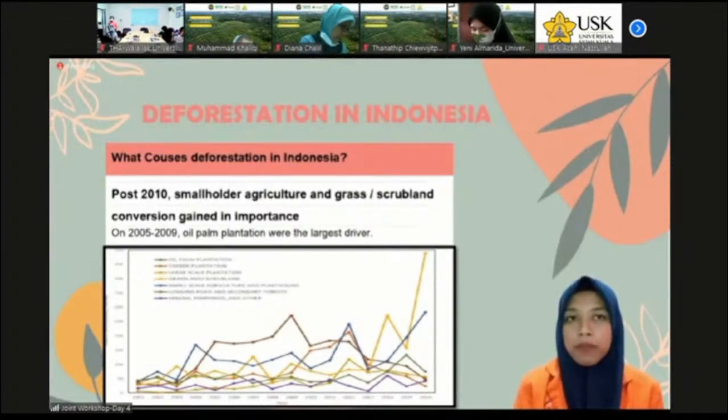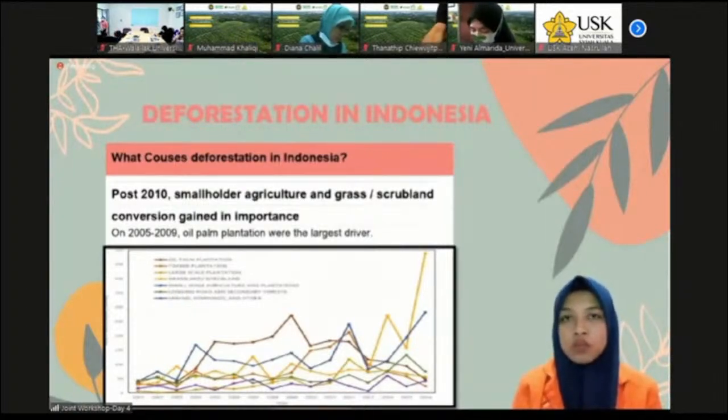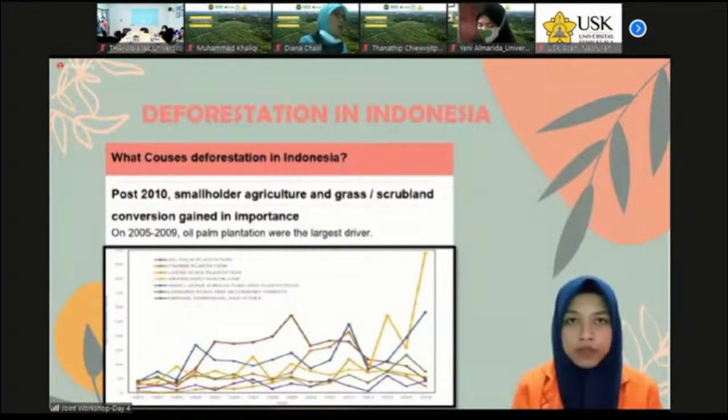Expansion of oil palm plantations went down strongly, contributing to less than 15% of total deforestation in more recent years.